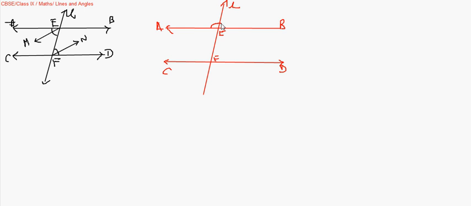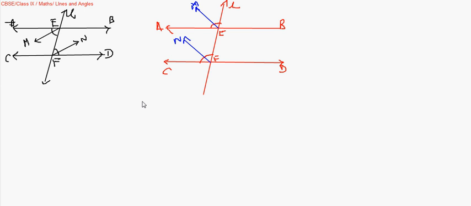I'm taking this and this. If I draw the bisectors, this I name M and this N. EM will also be parallel to FN. That means if two parallel lines are intersected by a transversal, then the bisectors of their corresponding angles will also be parallel.